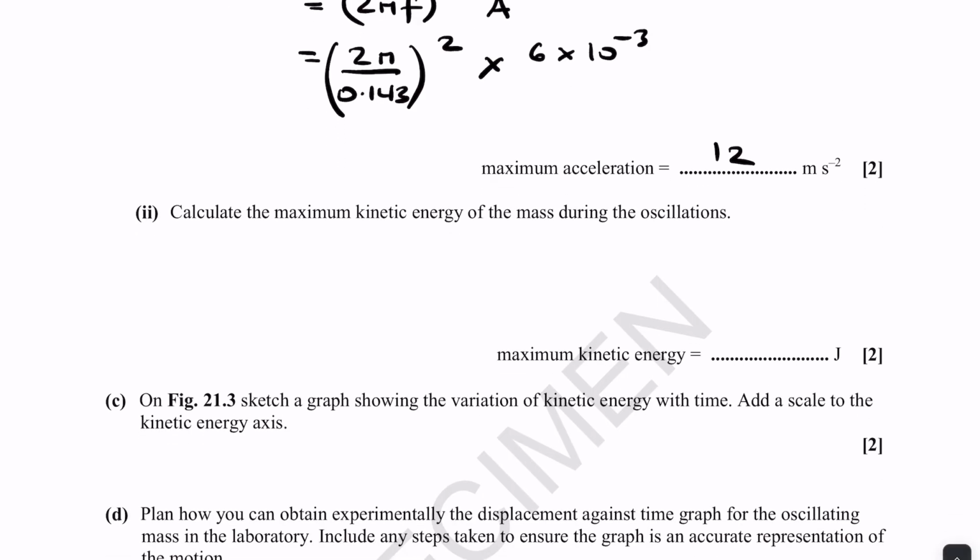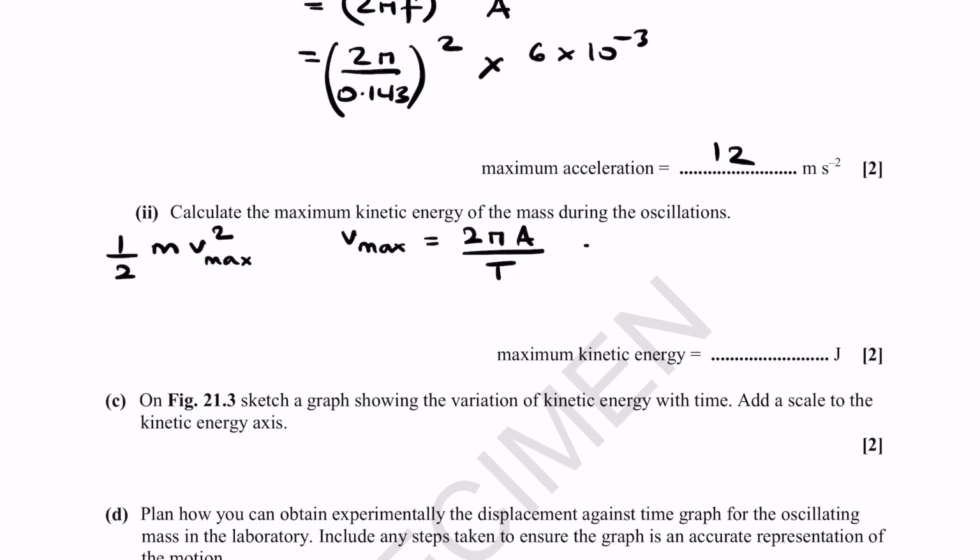Then it asks us to calculate the maximum kinetic energy of the mass during the collisions. So we know that kinetic energy is half mv squared, but because it's talking about maximum, I'm going to have to calculate that Vmax first. So Vmax is equal to 2 pi A over the time period.